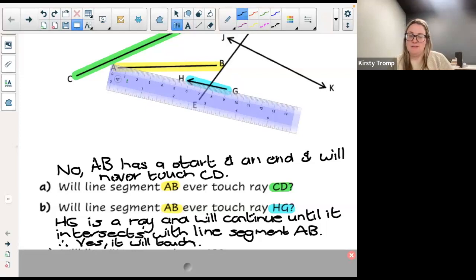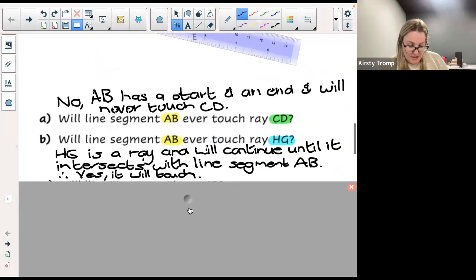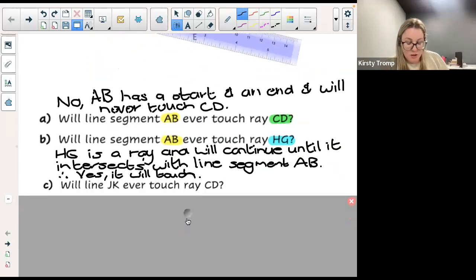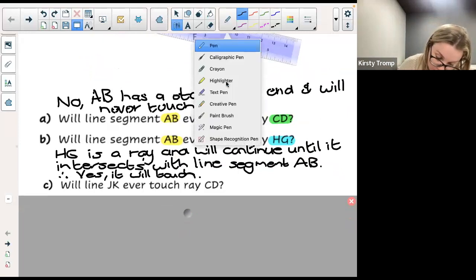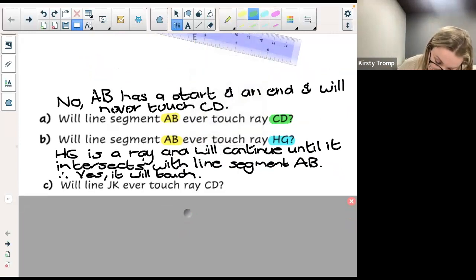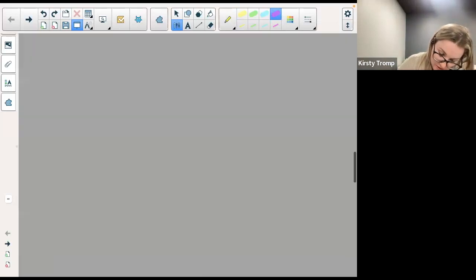All right. Okay, guys. All right, let's have a look at our next question. So our next question says to us, will line JK ever touch ray CD? Thanks, Mr. Hugo, for helping out there. So let's go highlight again. So remember, CD was green, and we're going to make line JK pink.